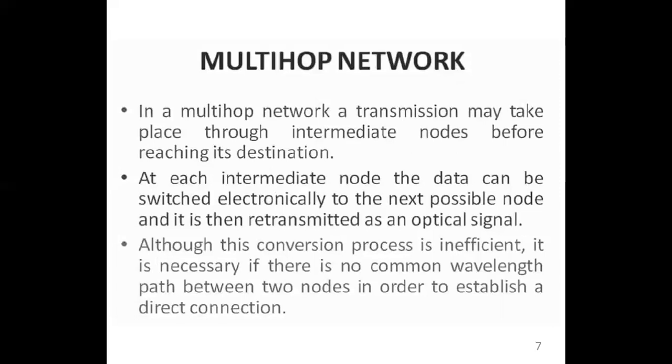These nodes can act as routers, and they have the capability of processing the signal which they receive. The most basic use of intermediate nodes here would be as regenerators, where the signal is received as an optical signal, converted to an electrical signal, amplified, and then reconverted back into an optical signal, and sent to the next intermediate node.